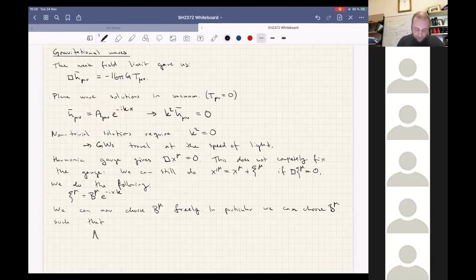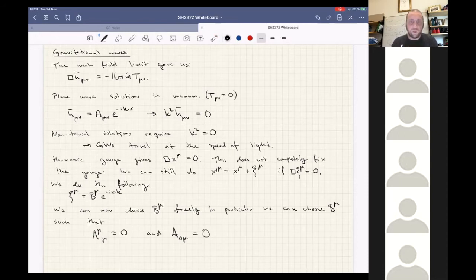For example, we can fix it such that A^μ_μ is equal to 0, so the trace of A is 0. And if we look at the time components of A, so A^{0μ}, that is also equal to 0. Now, since A is symmetric, because the metric is symmetric, this of course also means that A^{μ0} is 0.